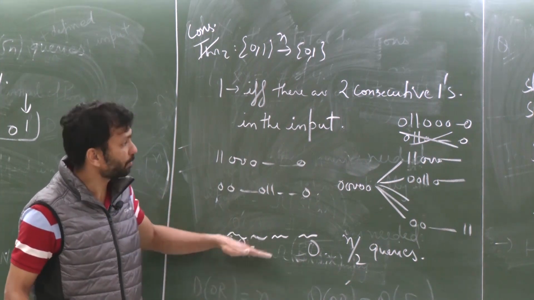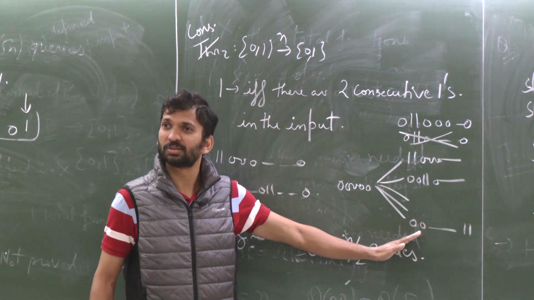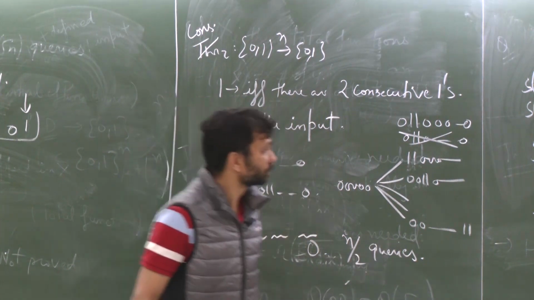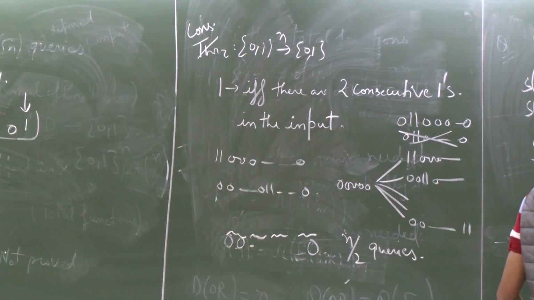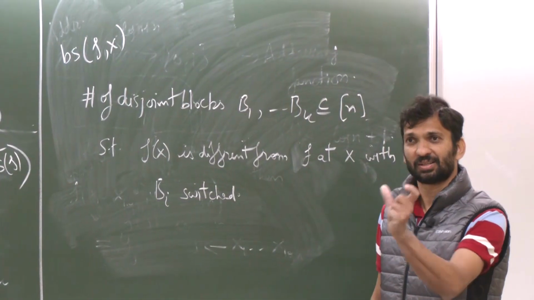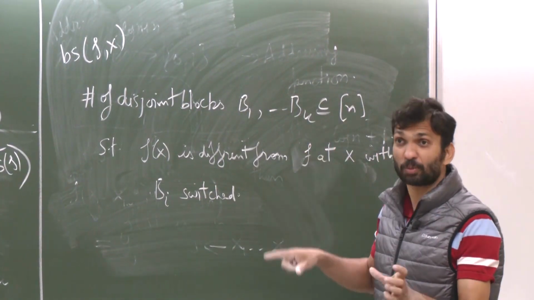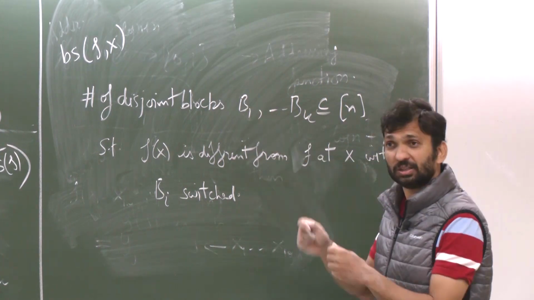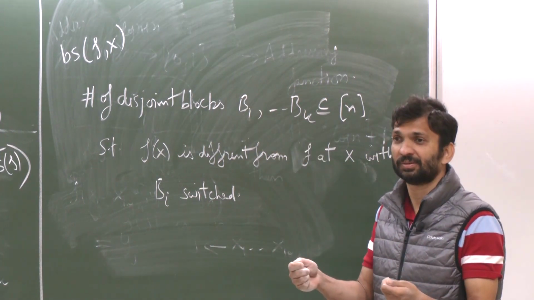Right? But for this input, because you are allowed blocks, you can show a bound of n by 2. Okay. So then what you do is you say that even if you look at x, you have these k disjoint blocks. It is important, right? This is the question which Divyansh had in mind. These should not share any indices.